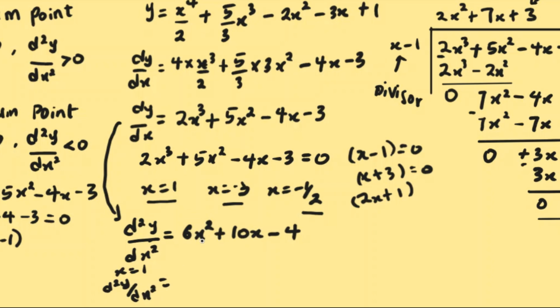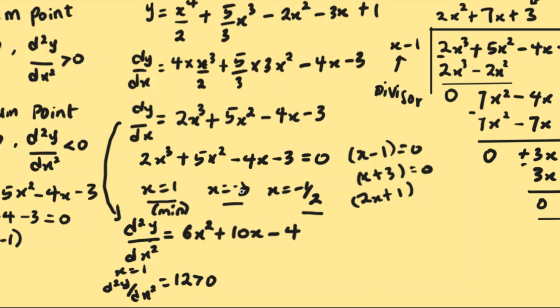So that will be 6 times 1 plus 10 times 1 minus 4, and that's going to give us 12. Is 12 greater than 0 or less than 0? 12 is greater than 0. So because 12 is greater than 0, x equals 1 satisfies a minimum.